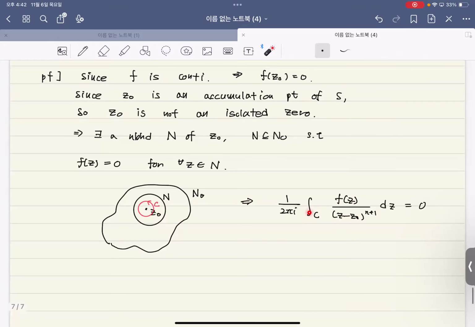Why? Because C is a curve in this neighborhood, and on this neighborhood the function is identically 0. But this is exactly the coefficient a_n that appears in the Taylor series expansion of f. So the Taylor series around this point equals 0, therefore my function must be exactly 0 on the entire domain N0.